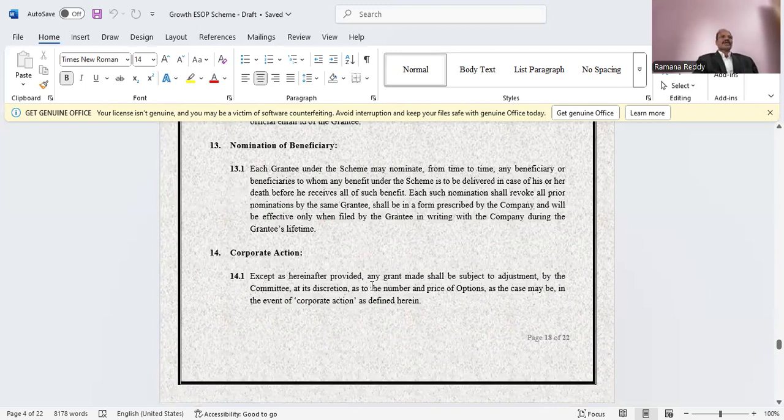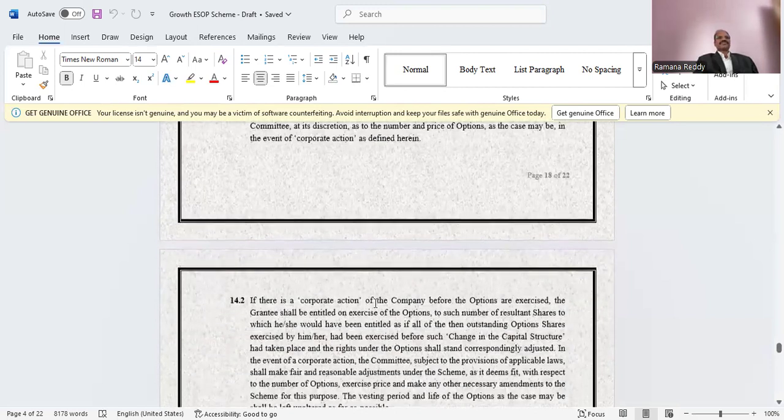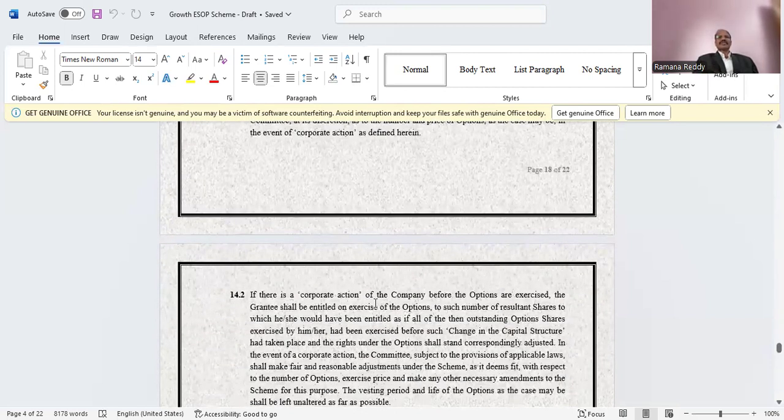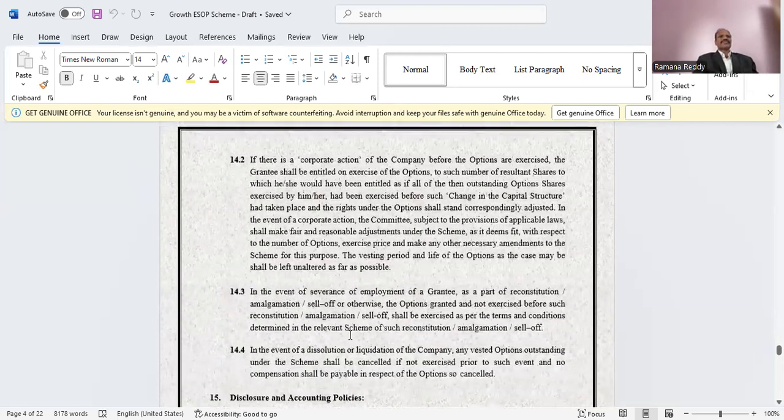So on corporate actions, any corporate actions like bonus issue, rights issue, or any merger or amalgamation, accordingly the options will be adjusted. That will not affect the already available options of the grantees.